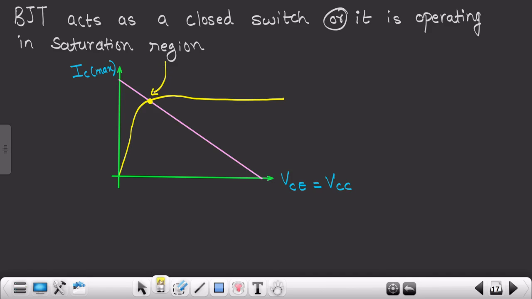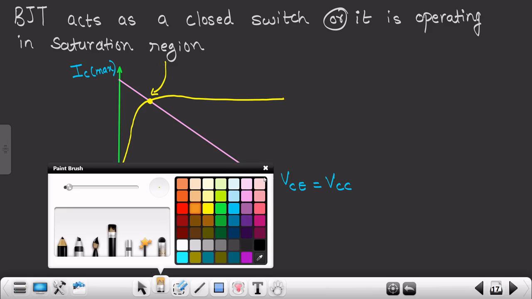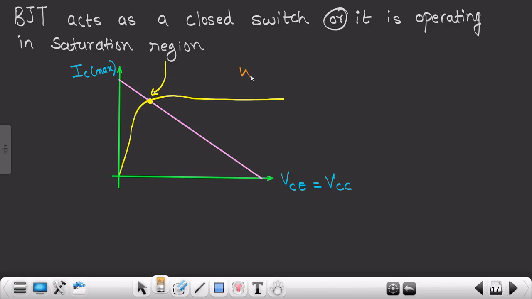So what we can conclude over here: when the torch is off, or basically light is in off condition, BJT acts as a closed switch.